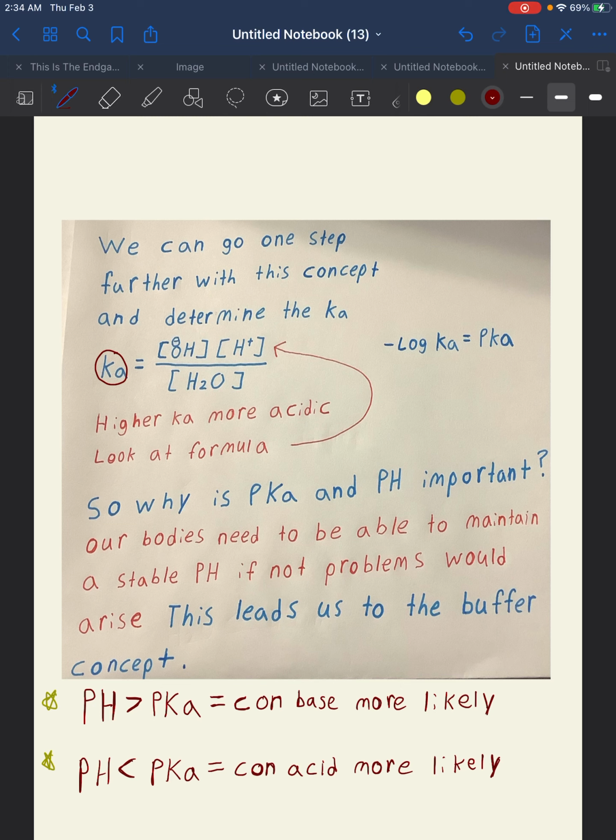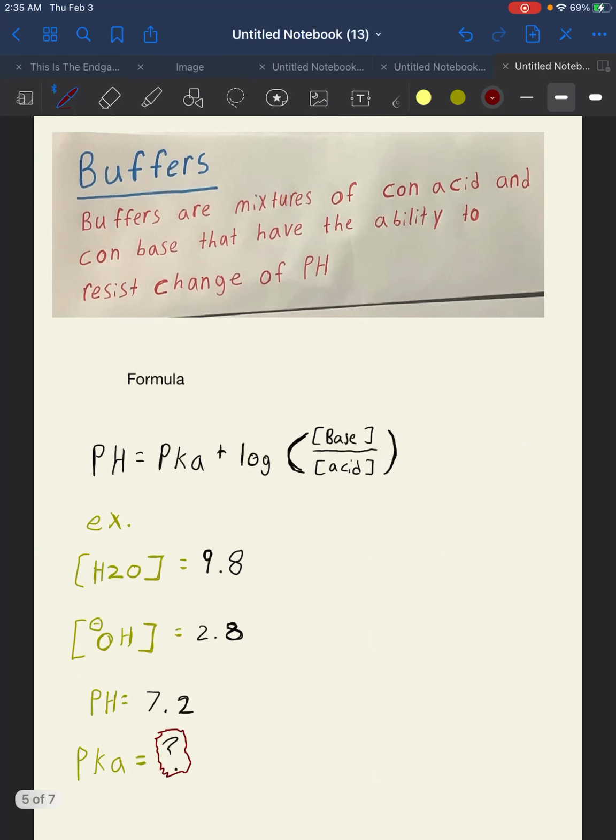So, building off this, why are pKa and pH so important? Well, first thing is pH and pKa allow us to solve buffer problems and allow us to understand buffers. And our bodies also need to maintain a stable pH. If we don't maintain a stable pH, a lot of problems will arise in our body physiologically. And once again, this is what leads us to the buffer concept. So what exactly is a buffer?